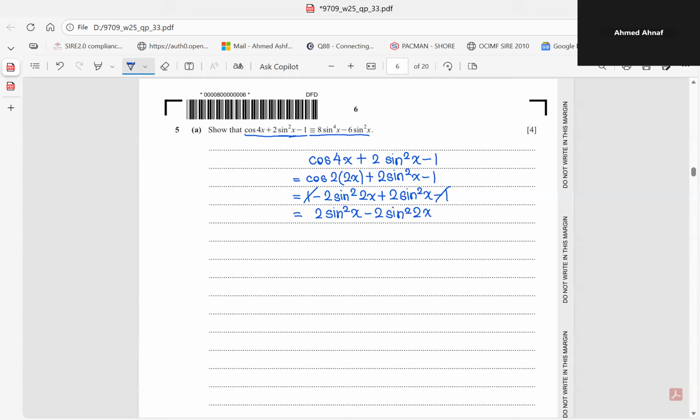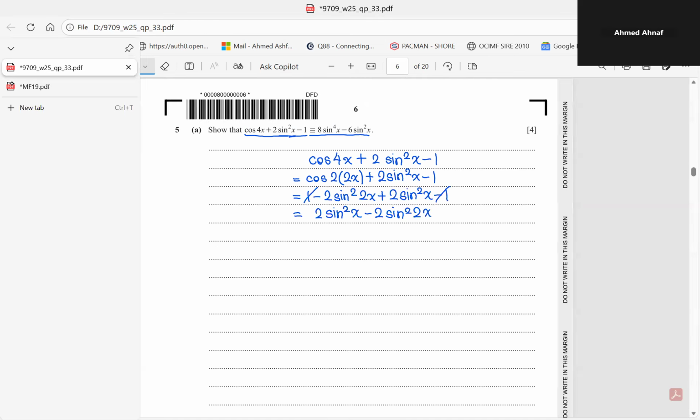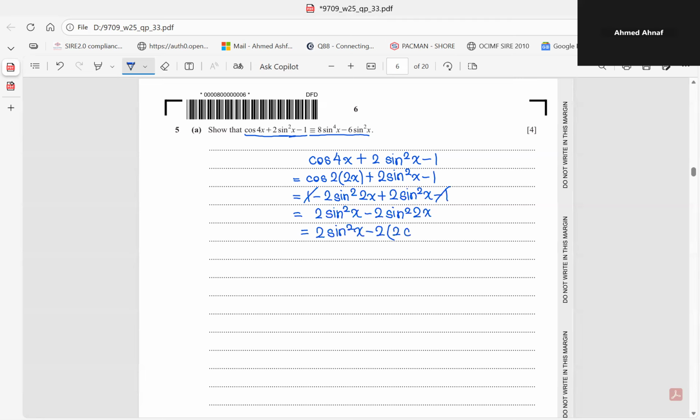And to re-express sine squared 2x in terms of sine x, let's look at the sine double angle formula. Given here, sine 2a equals 2 sine a cosine a. So this one would just be 2 sine squared x minus 2 times sine 2x, that is 2 cos x sine x, whole thing squared.